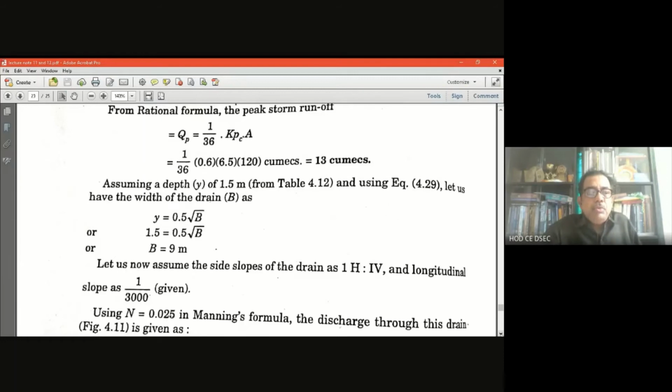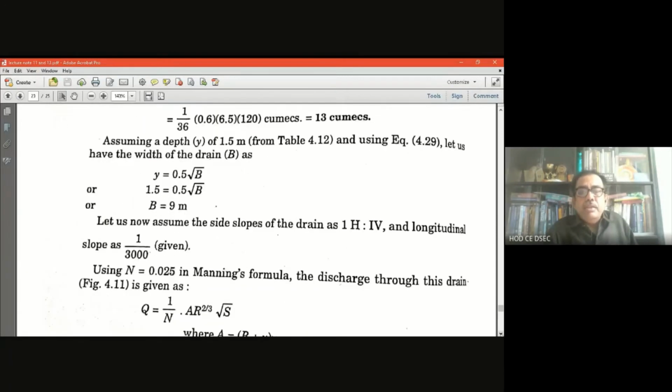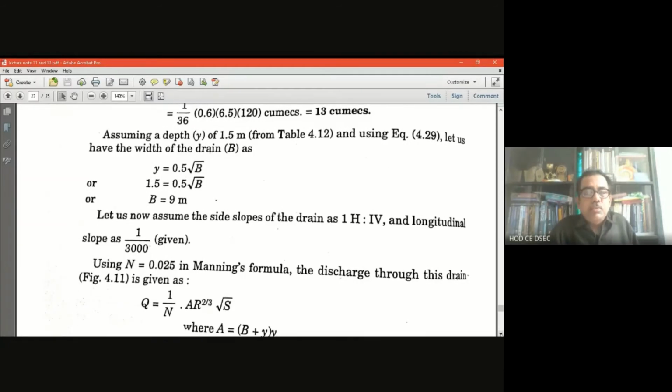If you consider the water depth Y as 1.5, then you can arrive at the bottom width of the drain, B equal to 9 meter. That equation can be derived from the geometrical shape, Y equal to 0.5 root over B, and for the assumed value of Y, you can find the value of B, which is the bottom width of the drain.